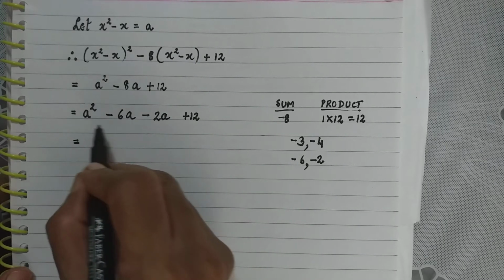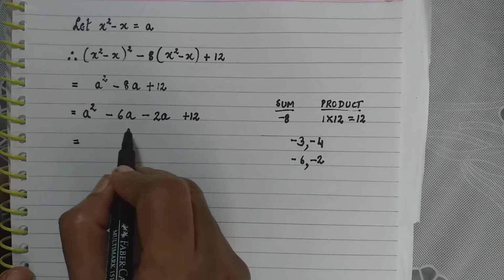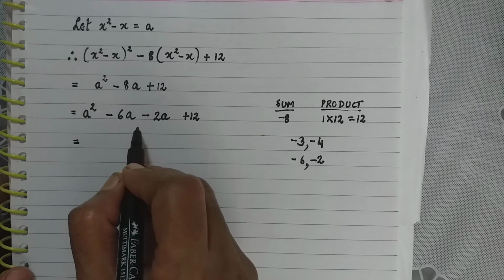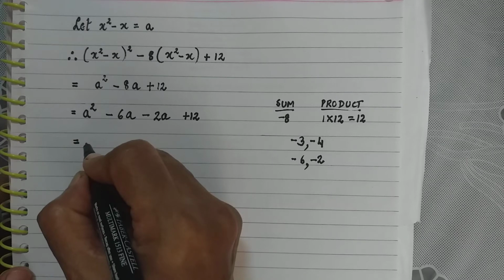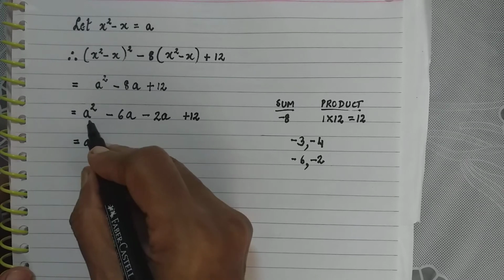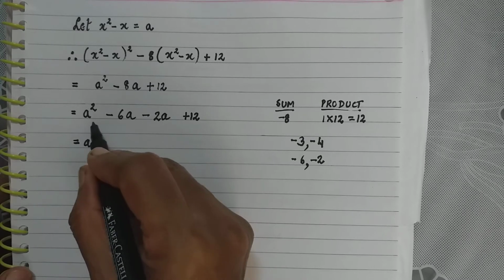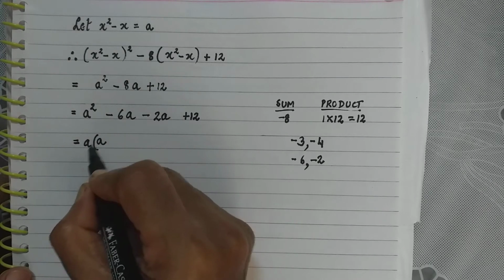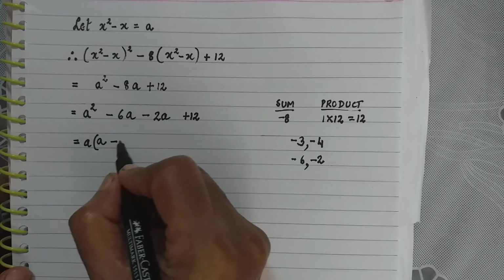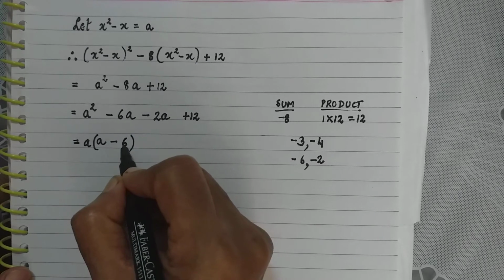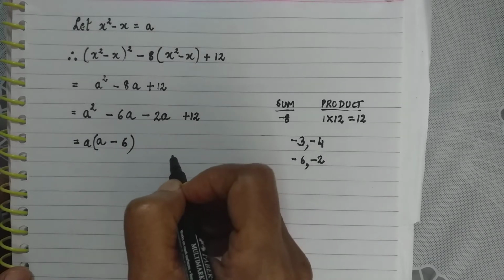Now we take these first two terms and see what is common in both of them. We see a is common, so we take a common out. What happens? A goes in a square, a times a is a square. A goes in minus 6a, minus 6 times. Minus 6 into a is minus 6a.